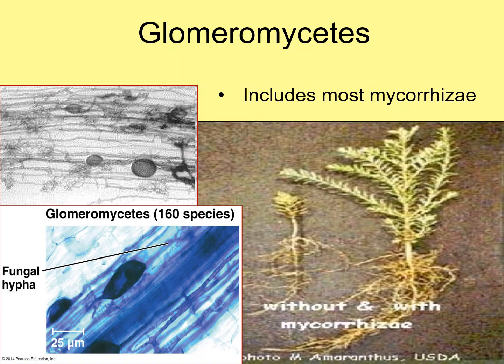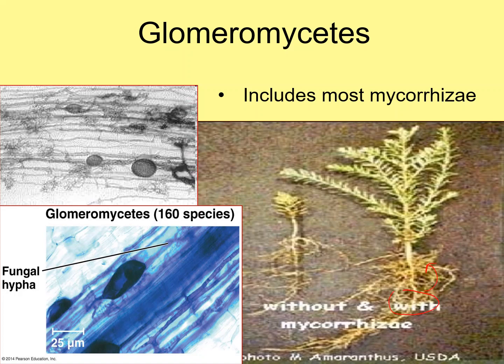And you see, obviously, both plants germinated. They both grew. But the one with the mycorrhizae, so this is the with-mycorrhizae version here, was able to grow much, much larger and faster than the one that did not have that symbiotic relationship.